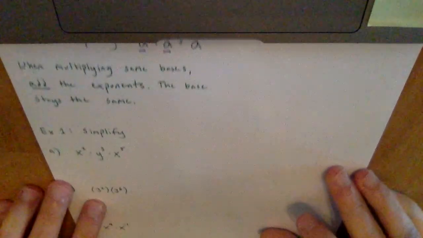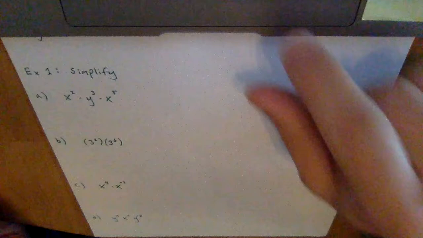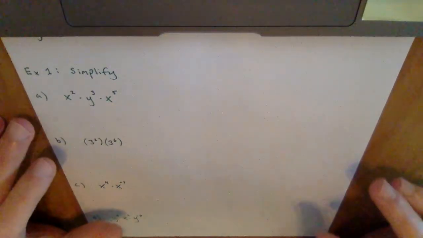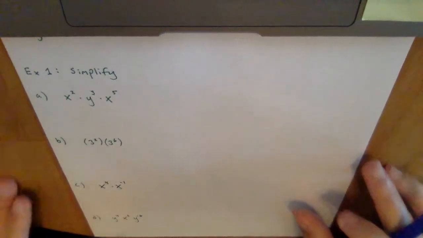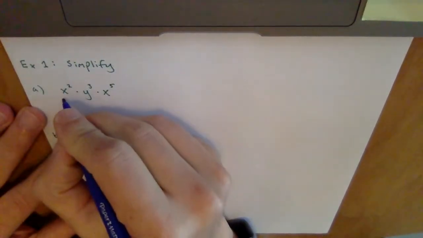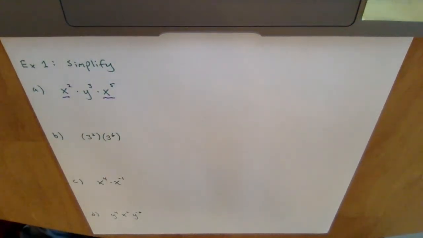So if we jump into example 1 here on letter A, we've got x squared times y to the third times x to the fifth. It's just like when we have like terms, the only things we can combine here are these x's because those are the same bases. Since it's multiplication between all of this, the way that we combine the exponents is by adding them.